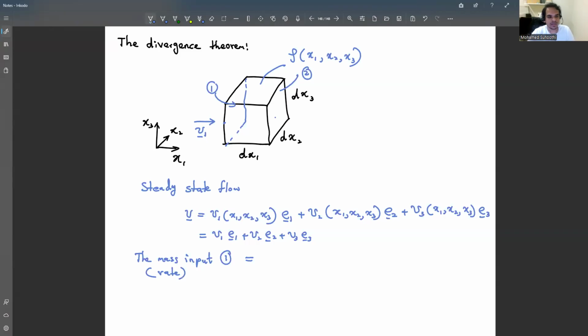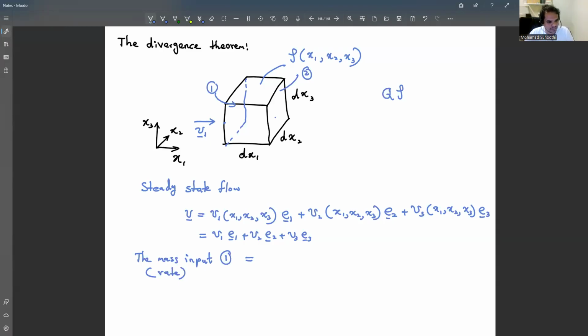So this is something you remember, right? Flow rate into density is the mass rate per second, right?